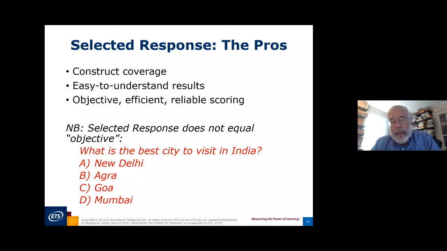But a point I made last week, which I'm putting right here again, just remember, though, that selective response by itself doesn't mean that it's objective. And I gave an example of a question that's not an objective question. You could say the answer is, well, I don't even know what the answer is, but that would be a subjective decision. So you're really measuring a subjective point of view, not an objective one. So I just gave that here.